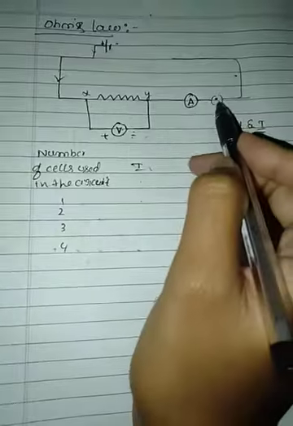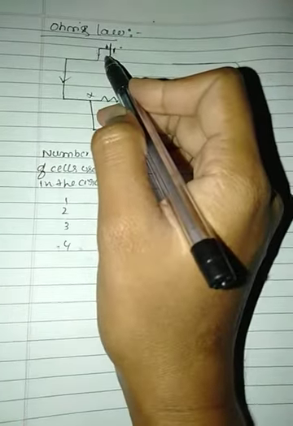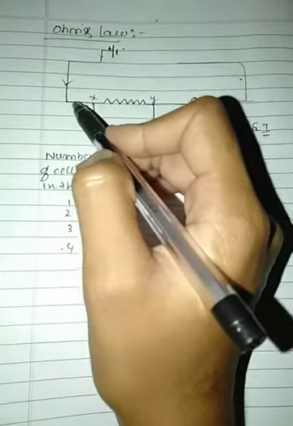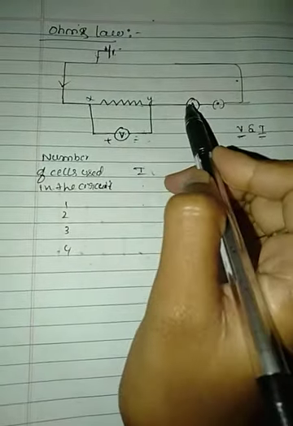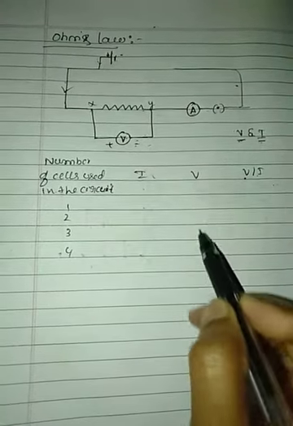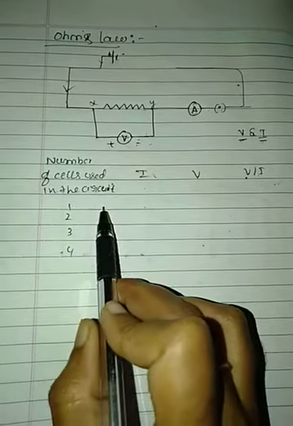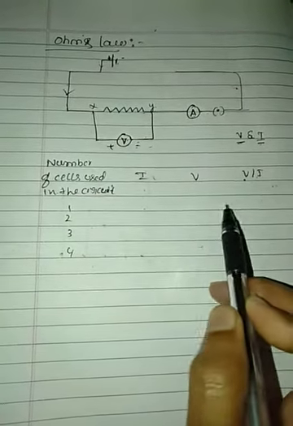When you switch it on, the source provides the charges, and the charges flow through the circuit. Now we note the readings of the ammeter and voltmeter and write them down. Find out V by I.